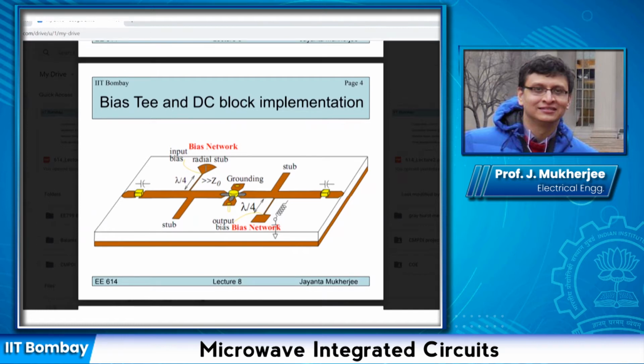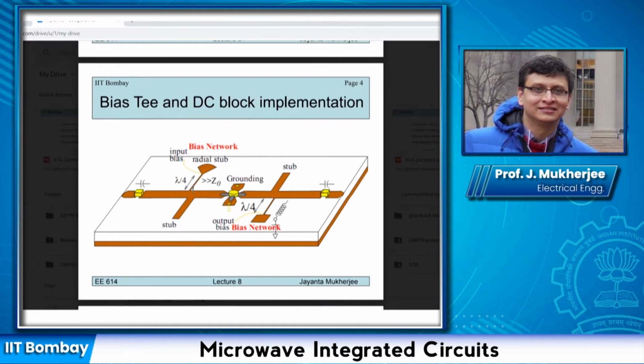Now these two structures that you see, this radial stub and this square patch, both have, from an RF point of view, very low impedance. So if an RF signal, that is a microwave range signal, is introduced here, the input impedance for the square patch as well as the radial patch will be very small. Now this thin strip that you can see is lambda by 4 long at the frequency of interest.